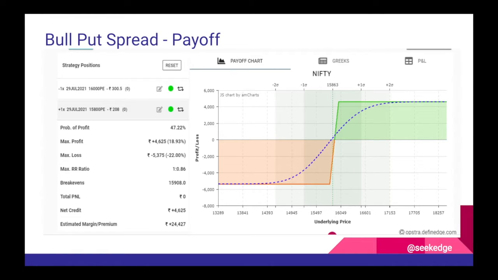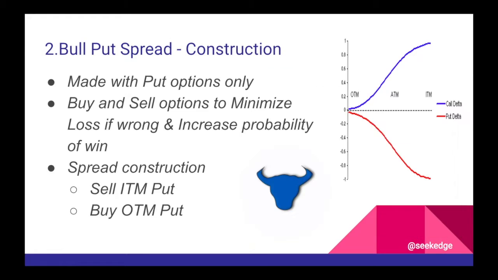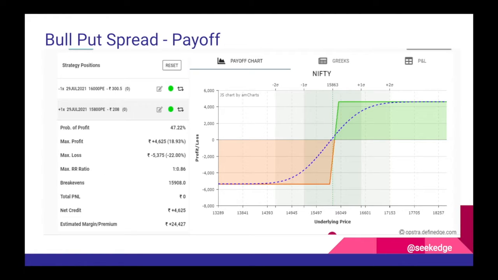Currently the market is at 15,860 something. So the OTM is the 15,800 put, and the ITM is the 16,000 put. We sold the ITM, so the net premium is actually a credit. So bull put is a credit strategy, while bull call is a debit strategy.